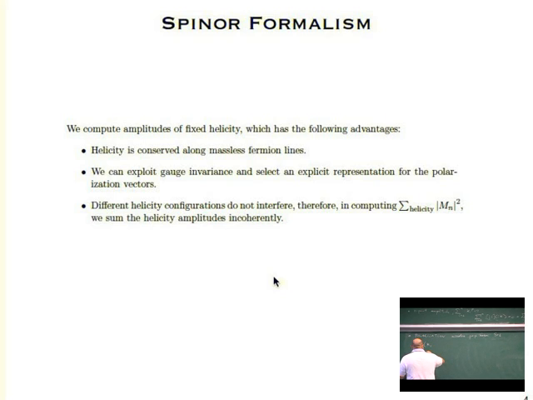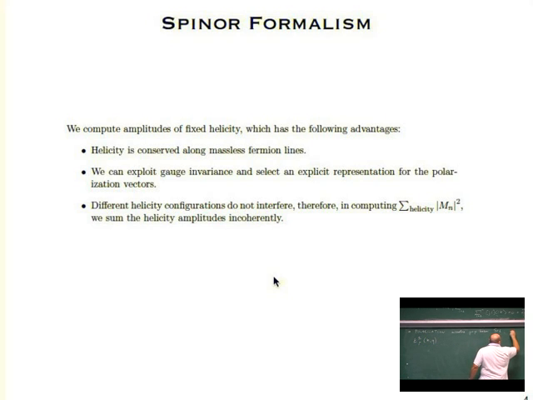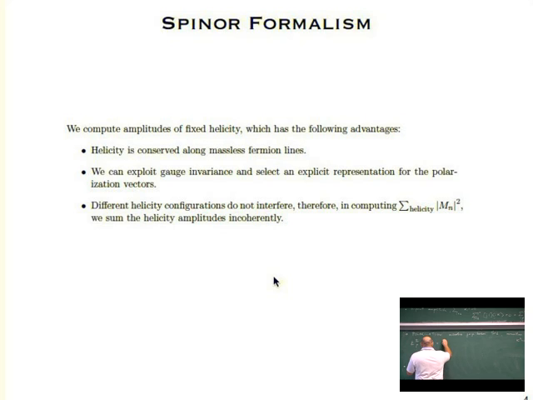So for a vector boson of momentum k, with k squared equals 0, we need to introduce another auxiliary vector, and its associated spinors q.